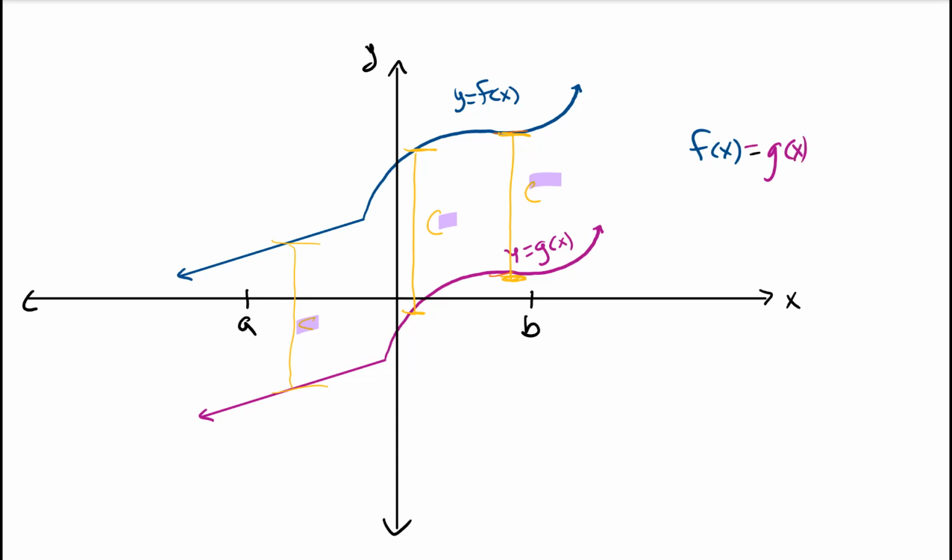Let's say that our f of x is actually equal to our g of x plus that little constant. And that's going to be true, right? Because from g of x, we go some distance up to g of x. Now we still got to go c more to get up to f of x, right? We're adding it up. Now this is going to be true for all x in that interval between a and b. True? So we've just shown why that corollary works.